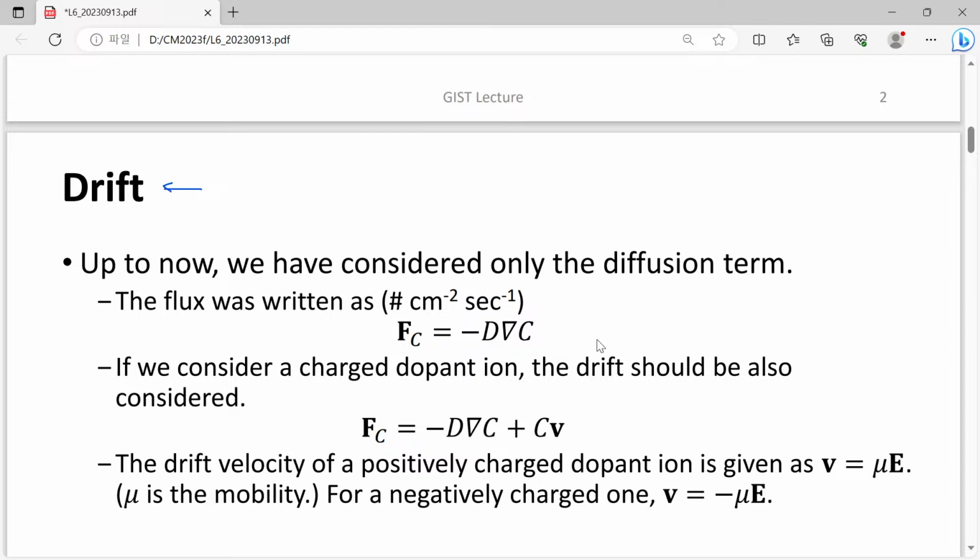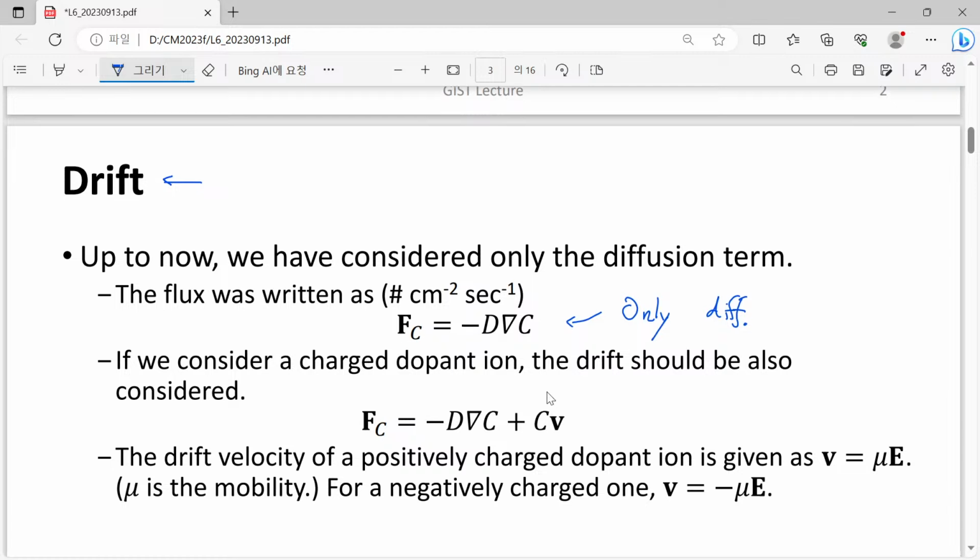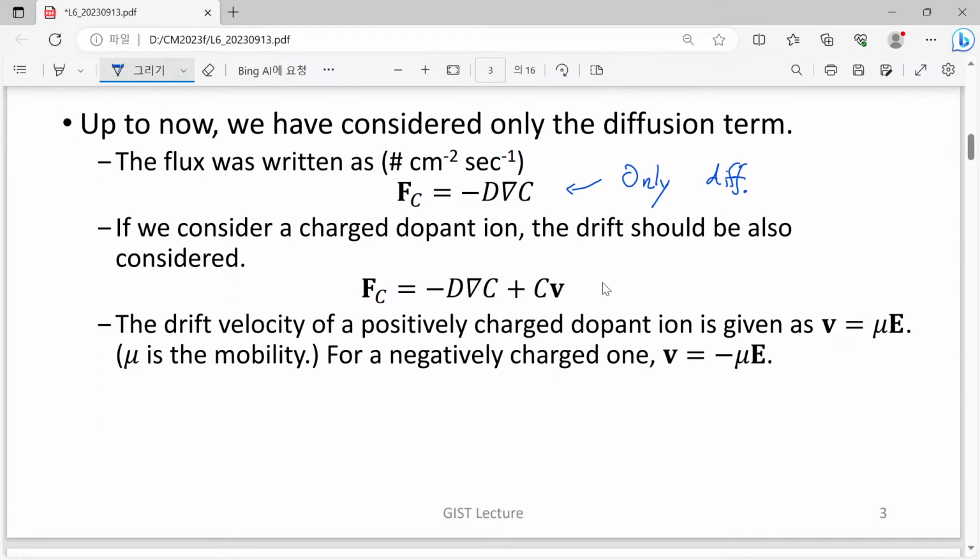Previously we had flux only considering the diffusion term. However, now we have to consider a term like this one. Here we have a second term.